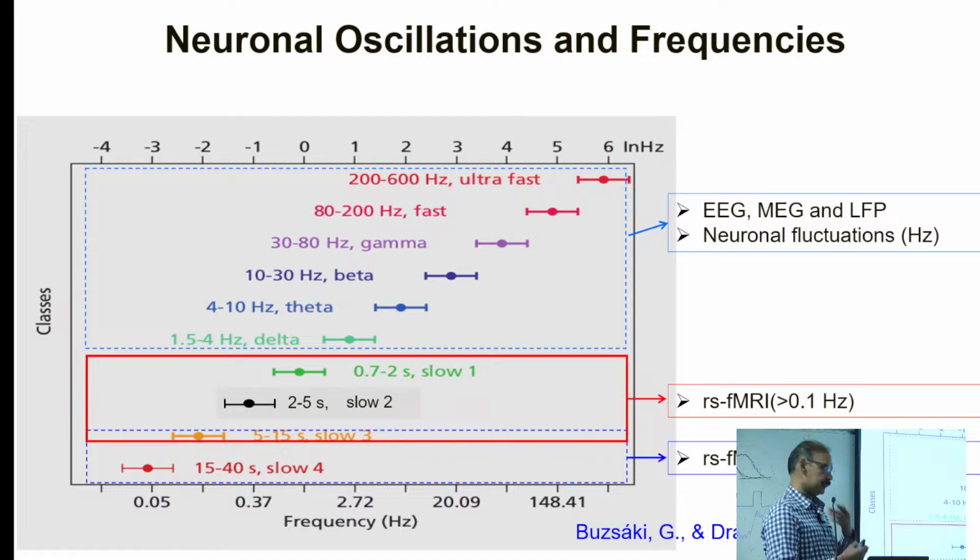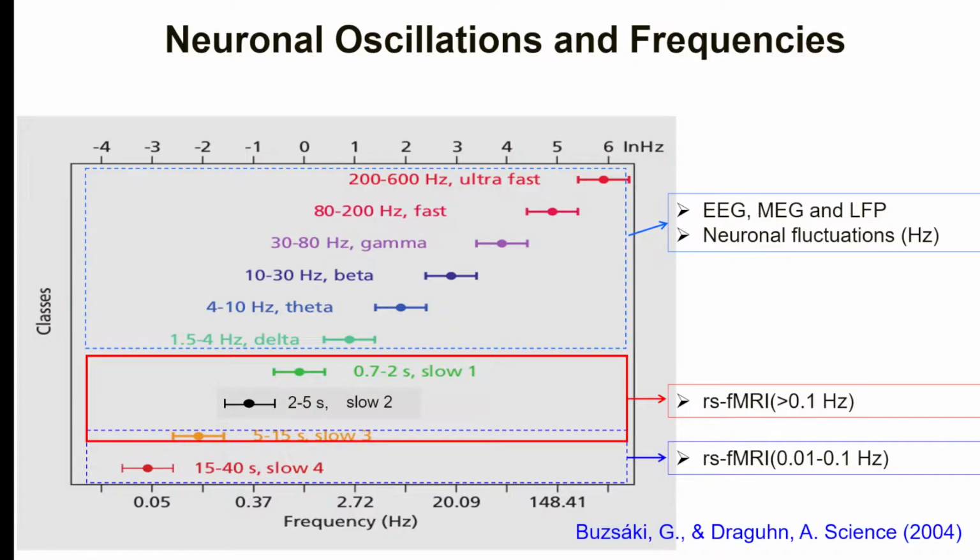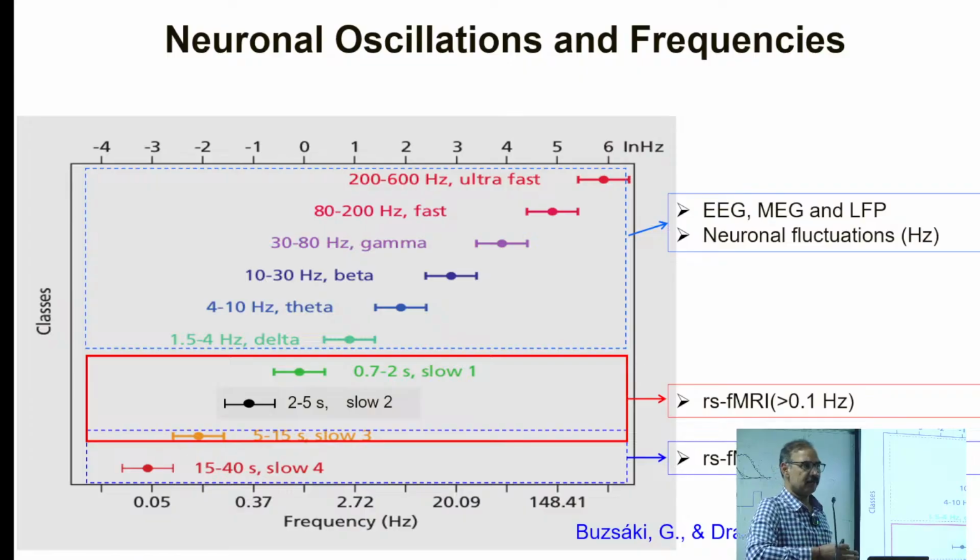This is because of the sampling. Now there have been different pulse sequences like the multiband technique, and with multiband you can collect data at a much faster rate, right? So instead of one volume every 2 seconds, with multiband you can perhaps collect data every 600 or 700 milliseconds.